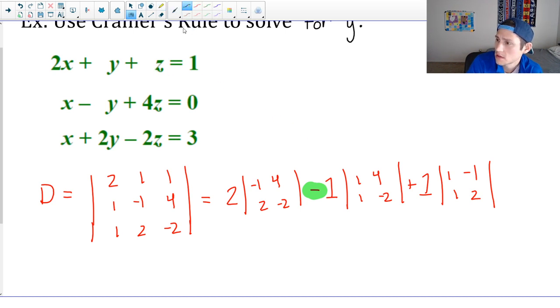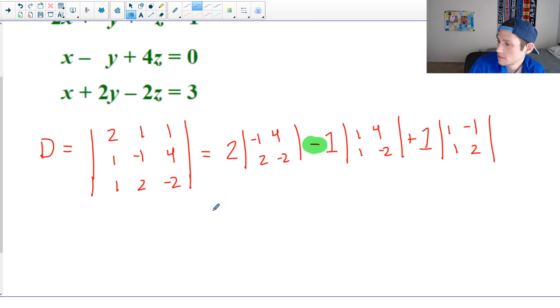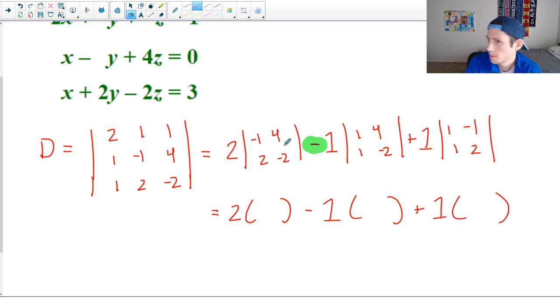Even though this is positive 1, we turn that into a minus on that second term only. Okay, so we just need to figure out what each of these 2x2 determinants is.